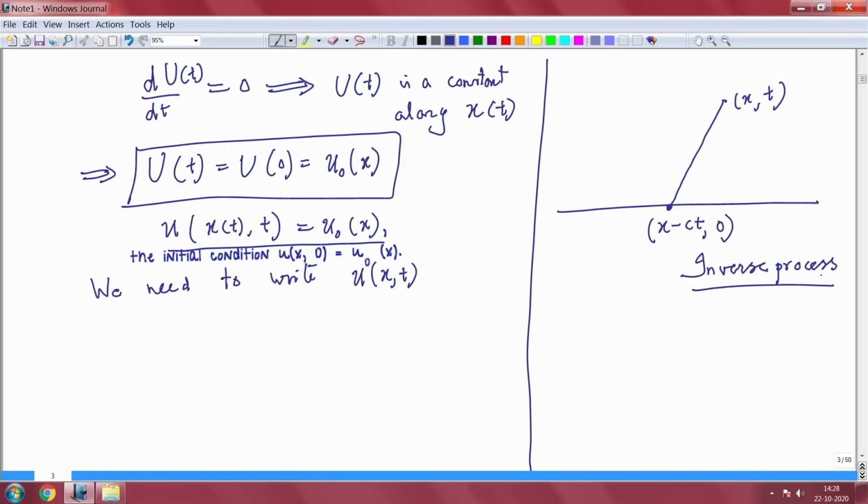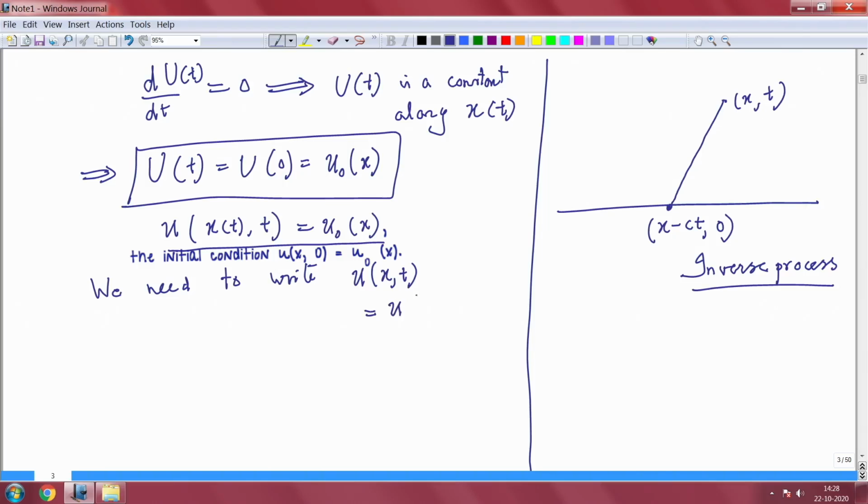Given a point on the initial line, you can draw characteristics in one direction, but given a point there, you want to make sure that there is a characteristic passing through it. These curves are called characteristics, we will come to that. There is a line passing through and meeting the x axis at that point.